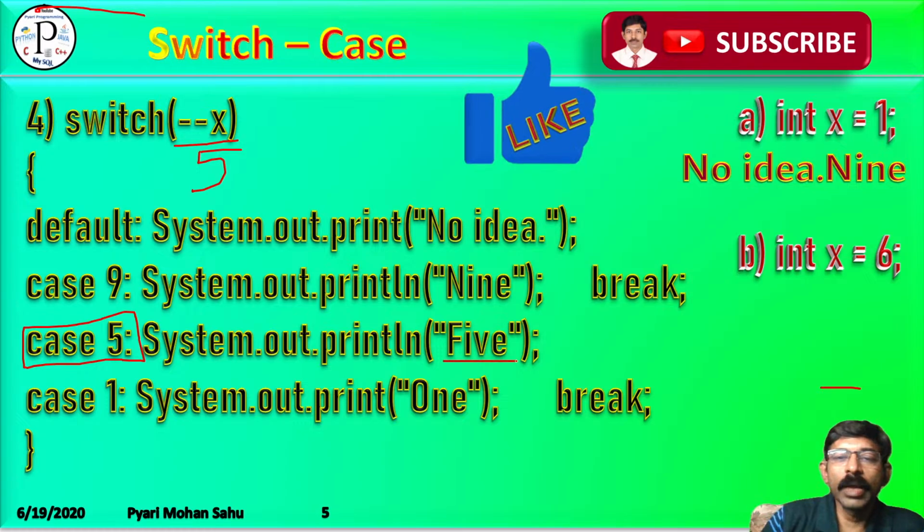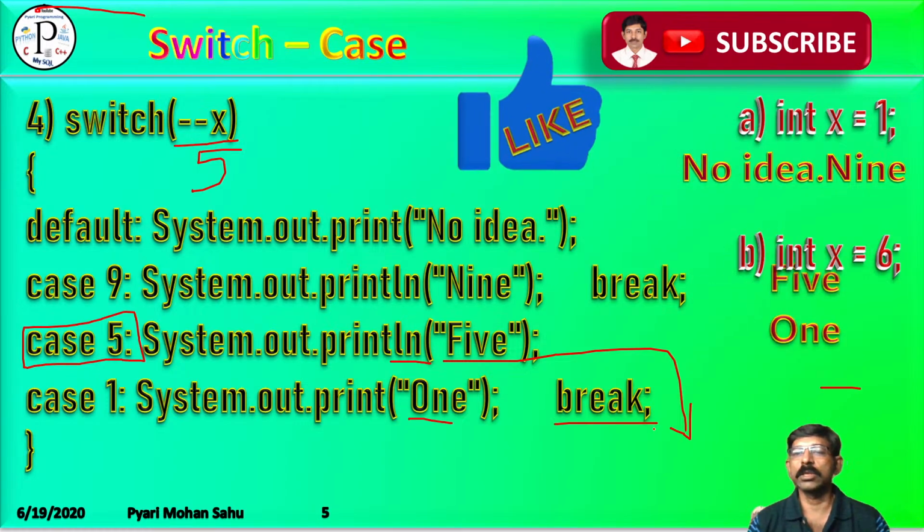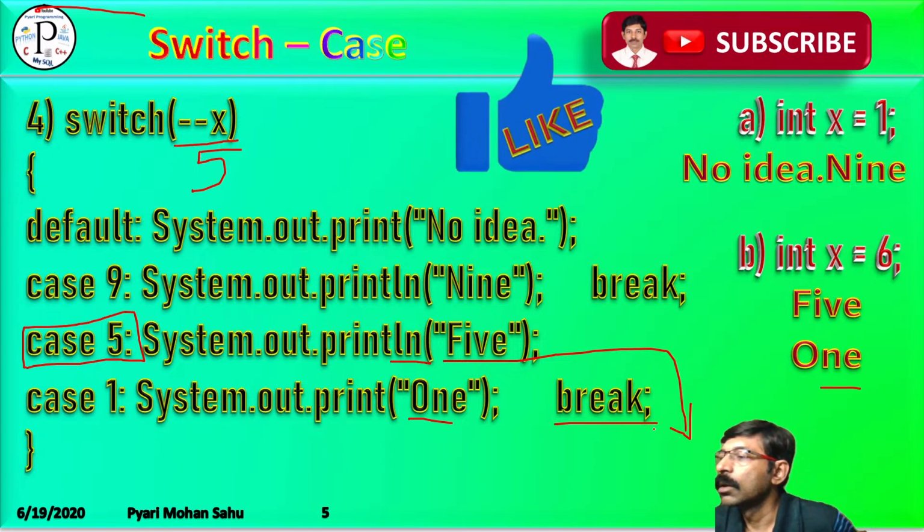After displaying, it will come to the next line because of println, and in the next line it will print 1. After that, I have a break to come out of it. So the answer is 5 and 1 on different lines, as given in mobile keyboard.